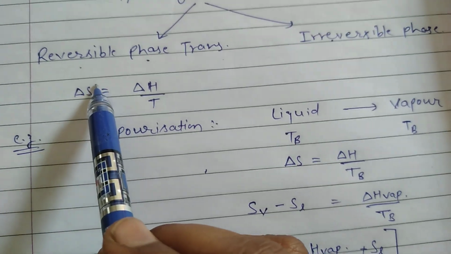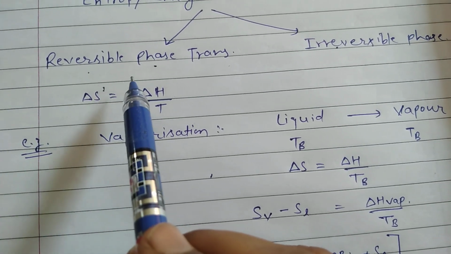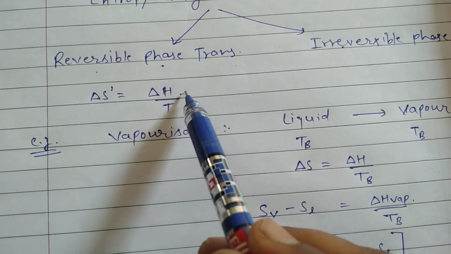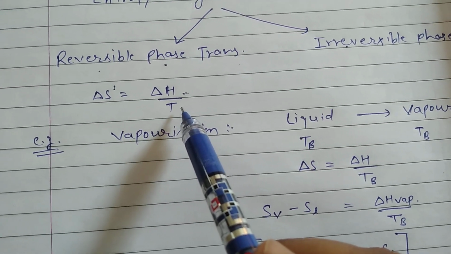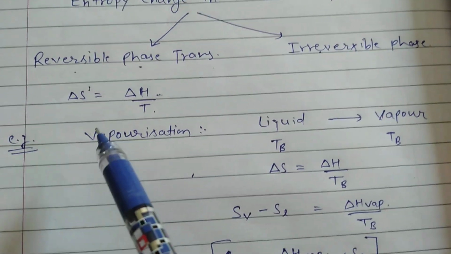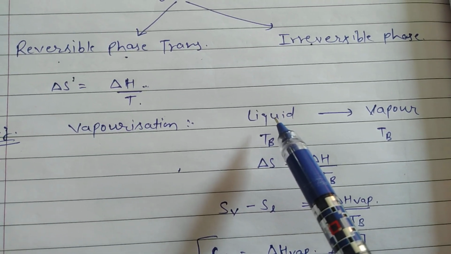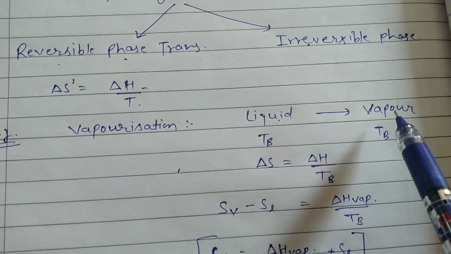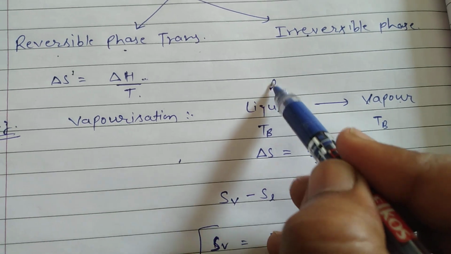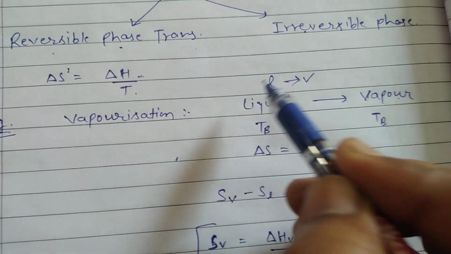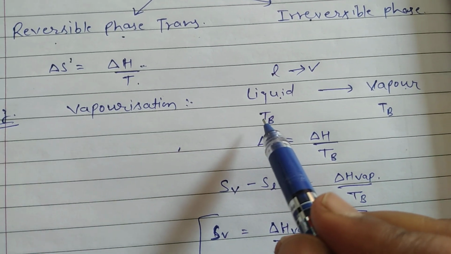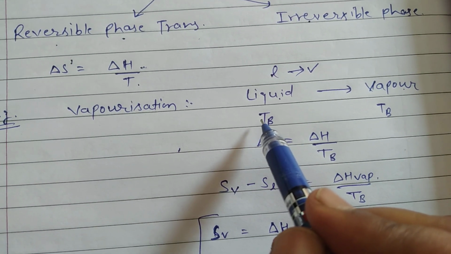In reversible phase transformation, the change in entropy is the ratio of the heat of transformation and the temperature at which the transformation is taking place. So let's take one example. Suppose our system is going to change its phase from liquid to vapor. This process is called vaporization, and it takes place at the boiling point of that system.